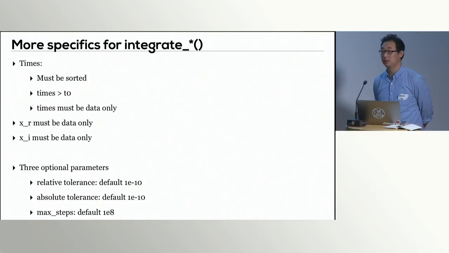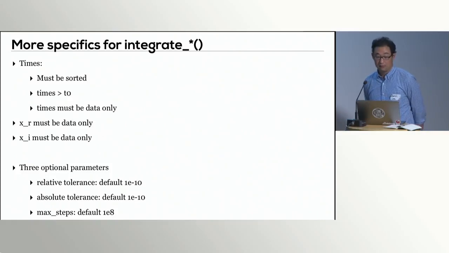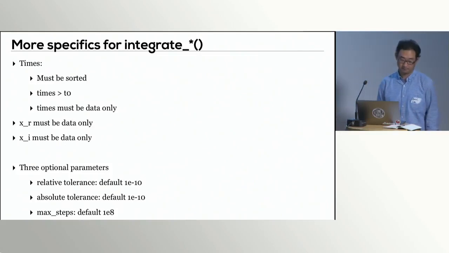XR and XI must be data only. XI is by definition, you can't have integers that are parameters, but XR must be data only. There are 3 optional parameters at the end that we haven't discussed, and once you include one, you have to include them all. These are passed to the solvers themselves, so the integration methods in CVODES and Boost.